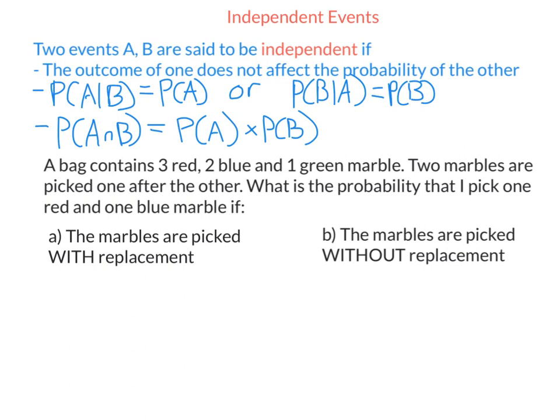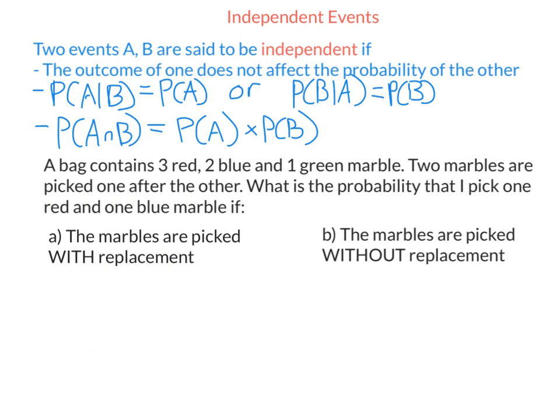Another way to say that 2 events are independent is that probability of A given B equals probability of A, or probability of B given A equals probability of B. What this is saying is, if B happens, the probability that A also happens is just its normal probability. In other words, B happening did not affect the chances that A happened.